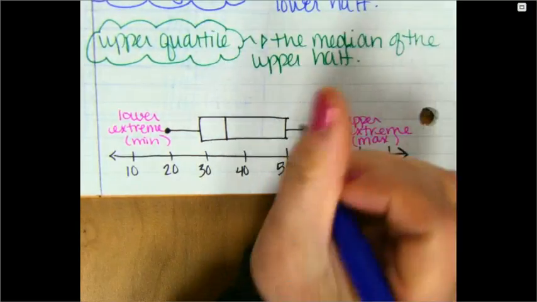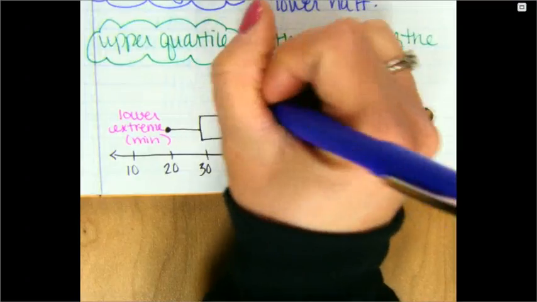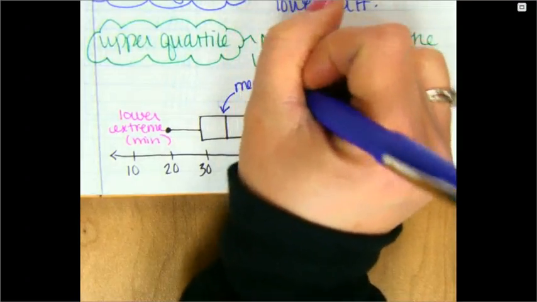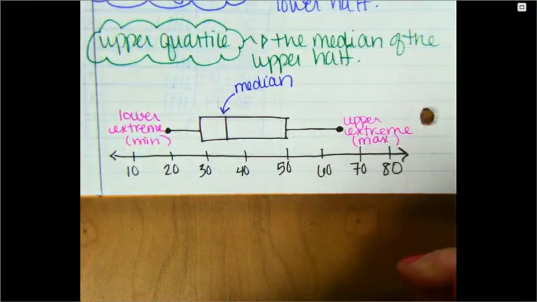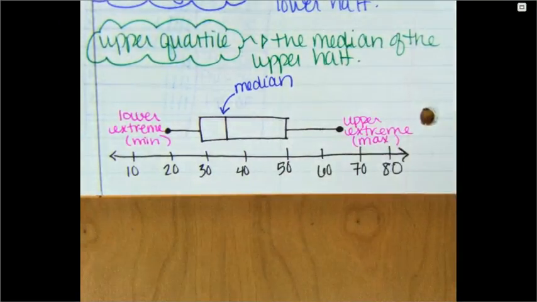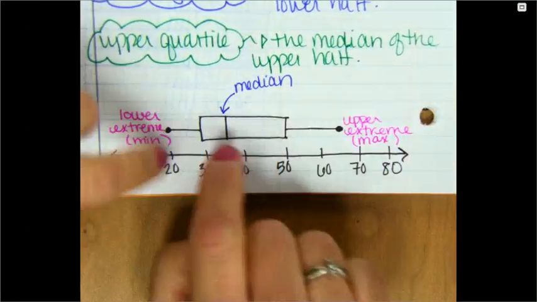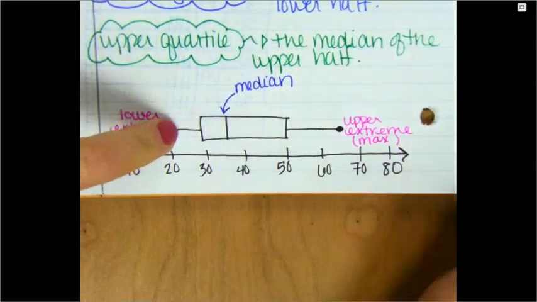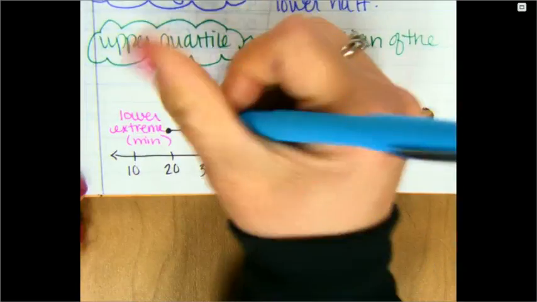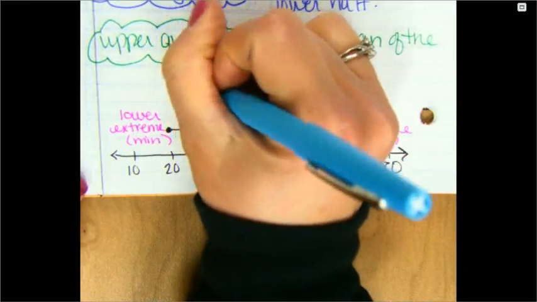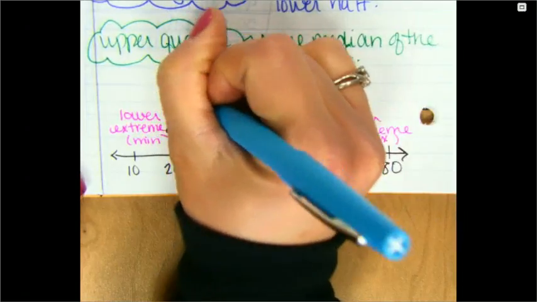Your median is the line in the middle. How do we find the median again? All you do is use your fingers right by the middle number. Right? Easy enough? That's your median. Then what I do is I take from the lowest number to the median and I find the second median. And that's called your lower quartile. And that's this piece. So in other words, it's just another median.